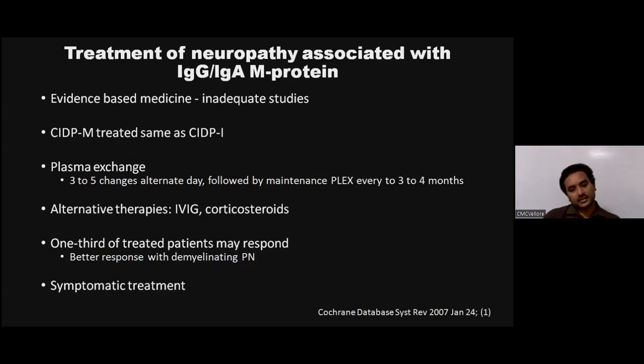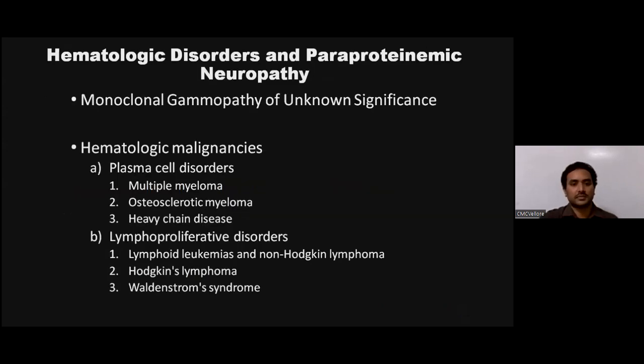CIDP-M is treated the same as CIDP-I: plasma exchange three to five times on alternate days, followed by maintenance. Alternate therapies include IVIG and corticosteroids, and the database says that one-third of treated IgG and IgA patients may respond. The rest is symptomatic management.